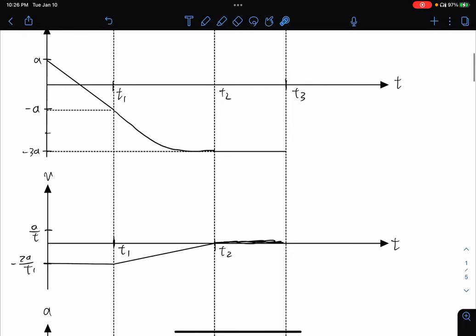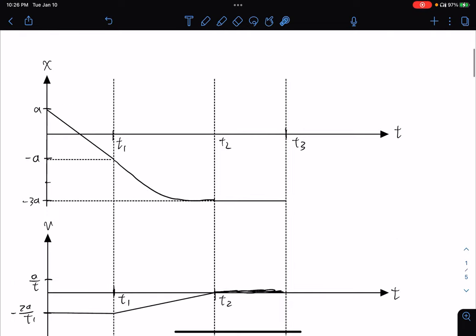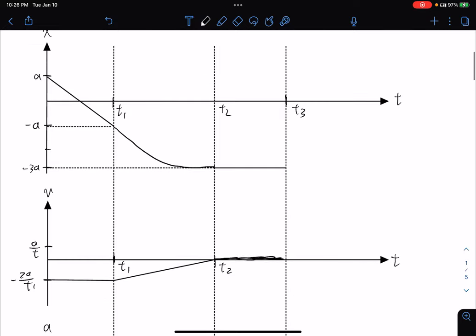So we know the velocity should be positive. That's how the object is going to move closer to the origin and increase the value of x. So the speed will reach this point at t equals t4.